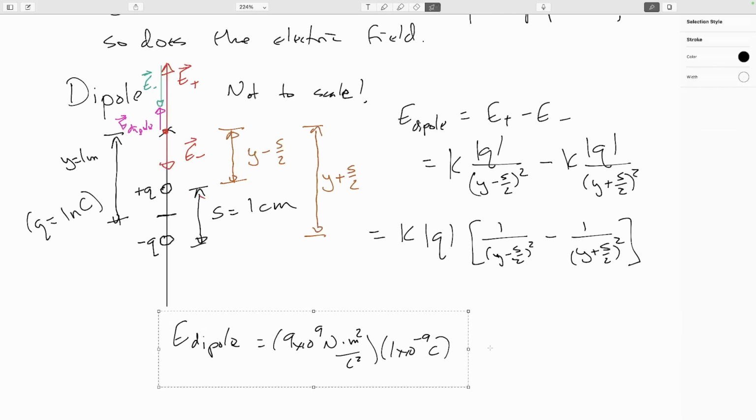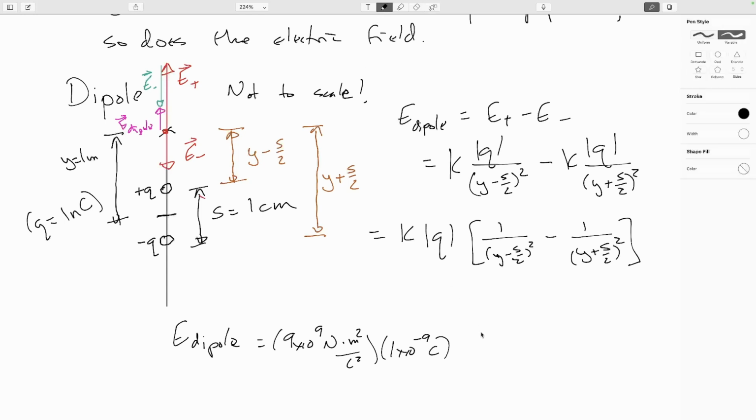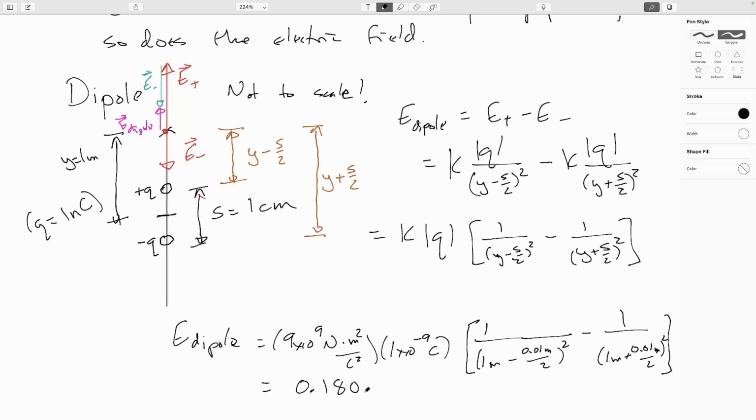And then we're going to say times 1 over, this is 1 meter minus a centimeter, 0.01 meters, divided by 2 squared, minus 1 over, same thing but with a plus. Okay, grind all that through your calculator. You get that the electric field strength is 0.180 newtons per coulomb.